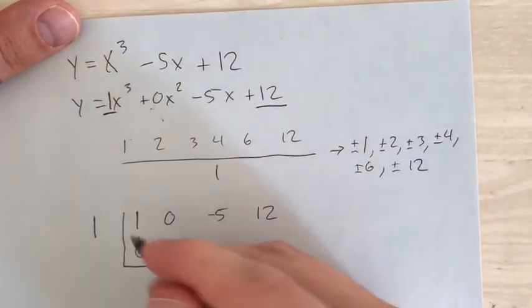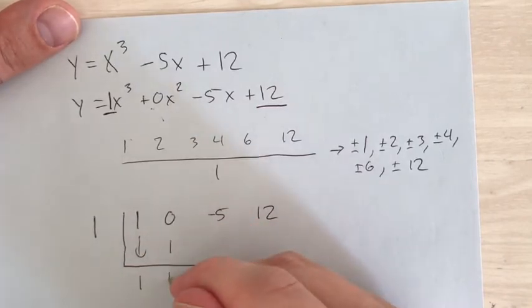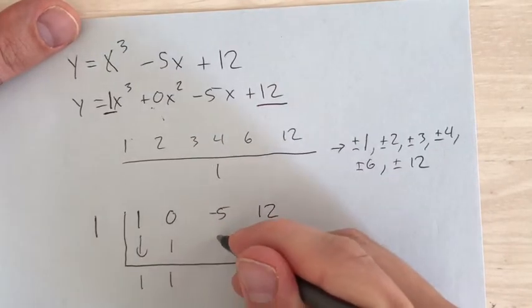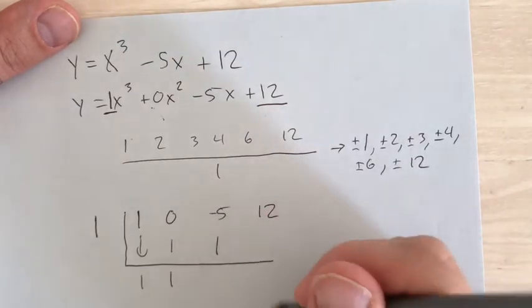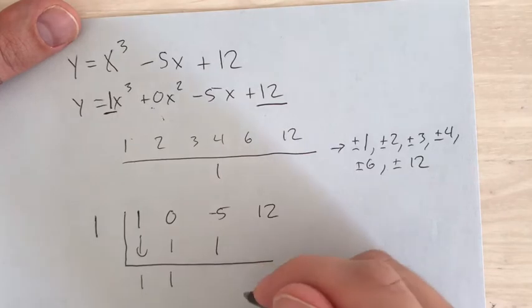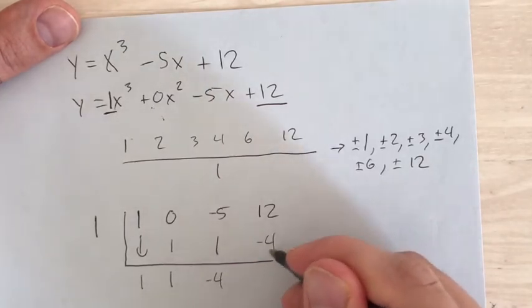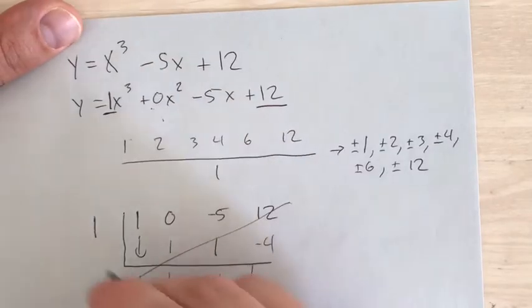Drop this down. 1 times 1 is 1. 0 plus 1 is 1. 1 times 1 is 1 yet again. Negative 5 plus 1 is negative 4. Negative 4 times 1, well, that's not going to get me a remainder of 0, so that doesn't work.